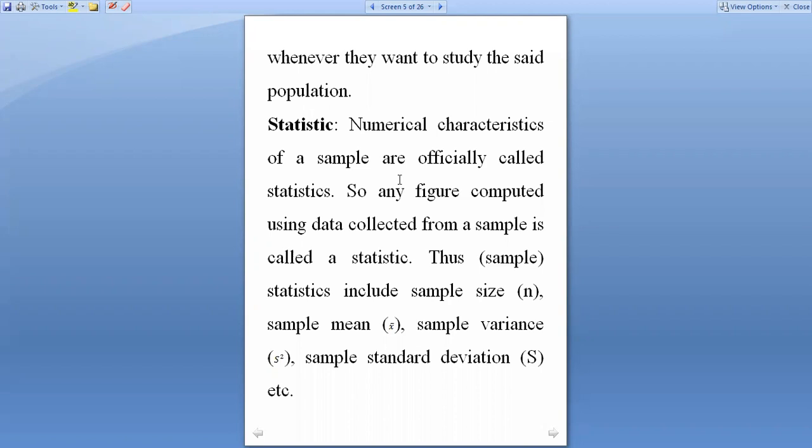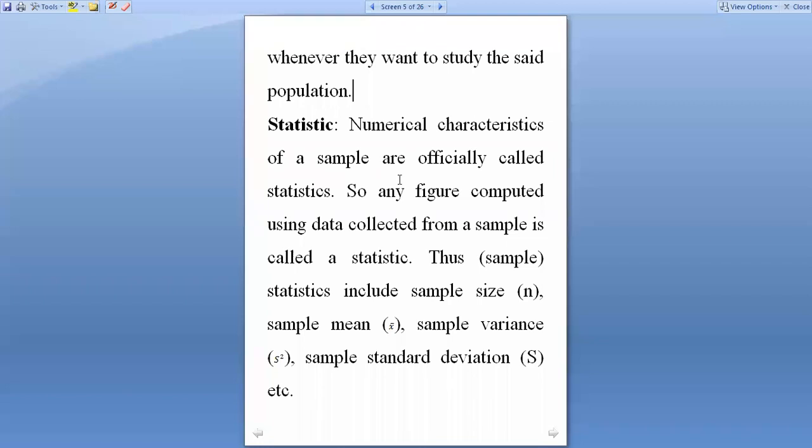So whenever you see the word statistic, just know we are talking about a sample. Whenever you see the word parameter, just know we are talking about a population. And we have said that numerical characteristics of a sample are officially called statistics.